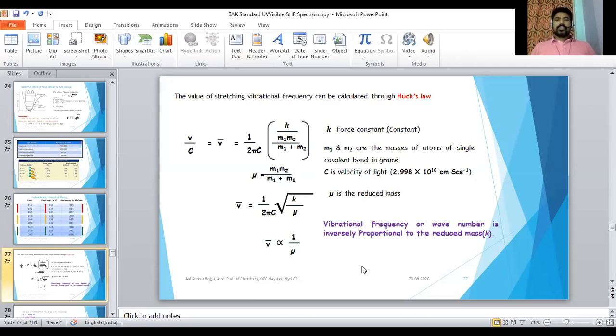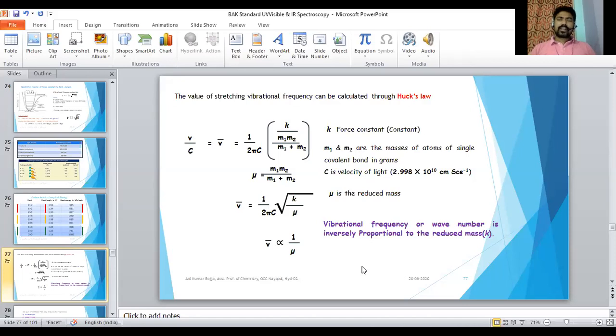Of course, wave number and frequency of the wave are internally related to one another, in a directly proportional relationship. So the frequency of the radiation is directly proportional to the wave number, so once the amount of energy needed for the vibration of a covalent bond is more, wave number is more, and vibrational frequency value will also be more.